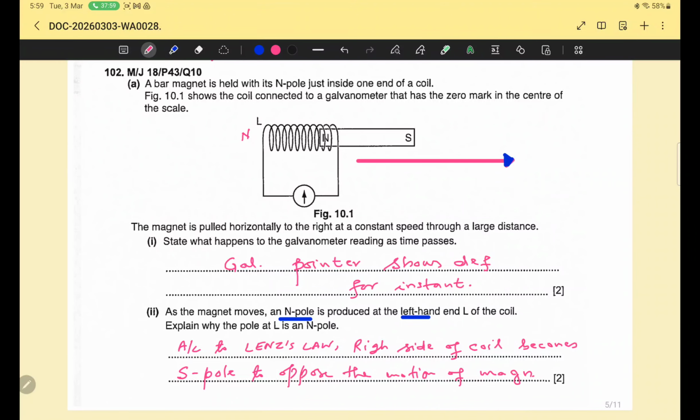You can see the magnet is moving towards the right hand side. If the magnet is moving towards the right hand side, then obviously this end becomes south pole to oppose the movement of the magnet. It becomes south pole, and if this side becomes south pole, then obviously the other side becomes north pole.